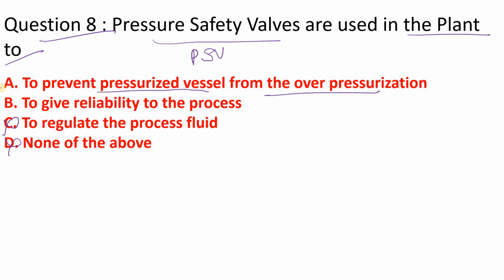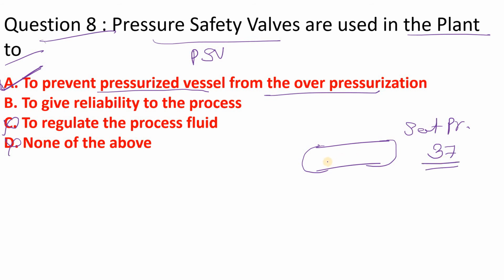So the right answer is that basically the PSV and PRV are used to prevent the pressurized vessel from over pressurization. Suppose there is a vessel, let's suppose this is my hydrolyzer. Suppose the design set pressure is 37, and the operating pressure is 28 kg per centimeter square.